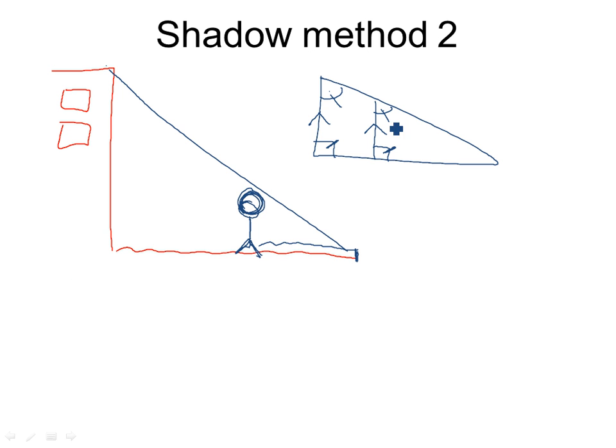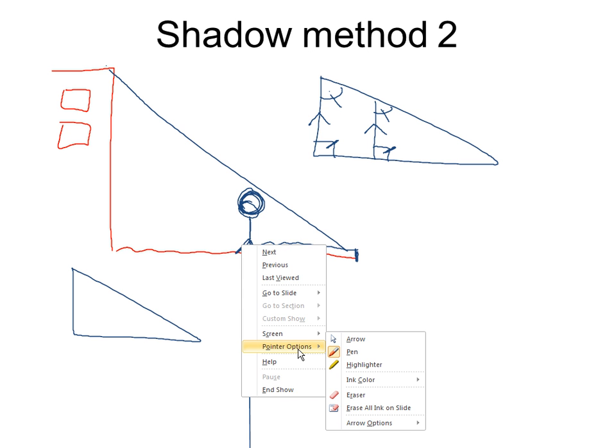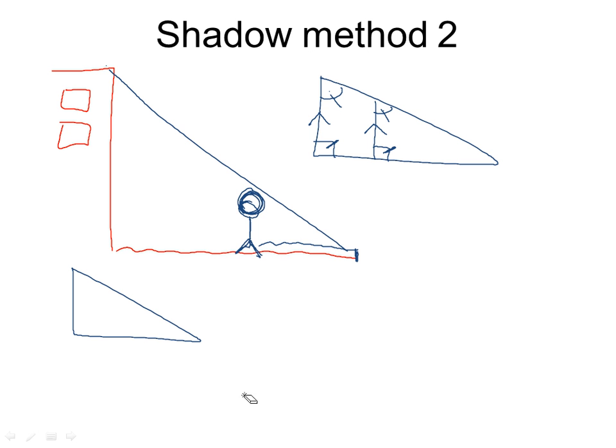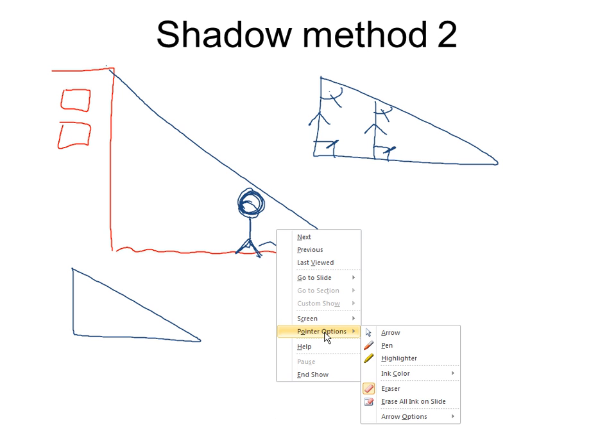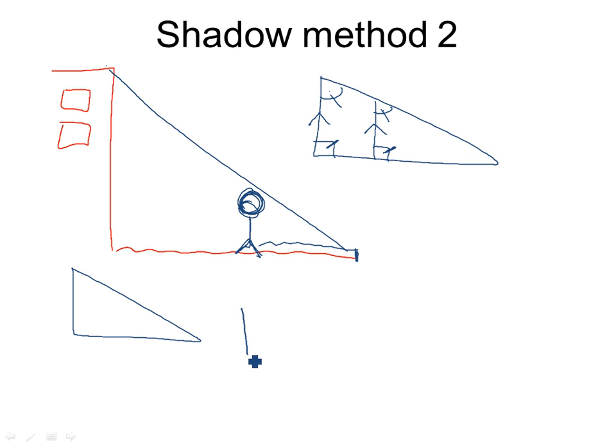You have the building's triangle, which is the bigger one, and you have the person's triangle, which is the smaller one. And you know that this angle is congruent to this angle. So that's enough to say the two triangles are similar because of angle.